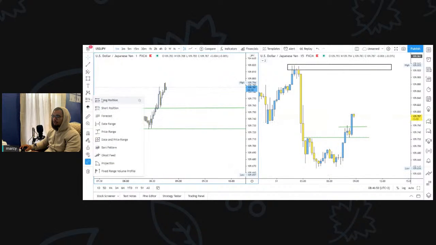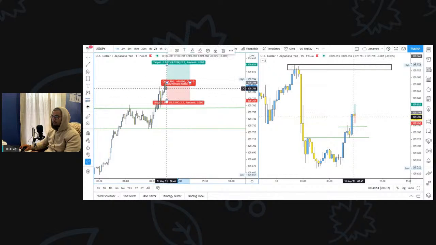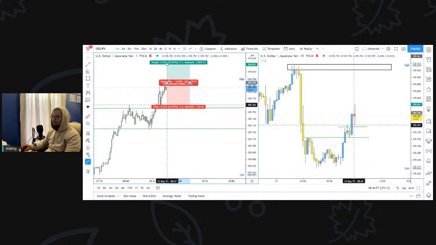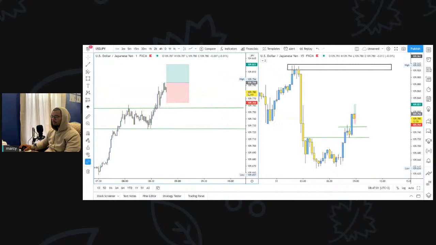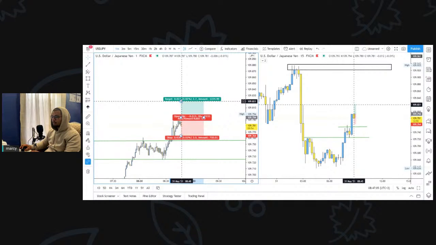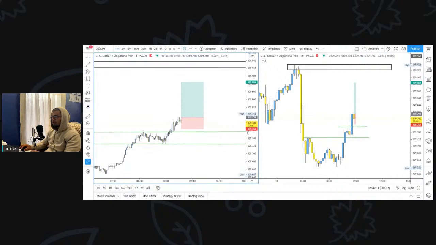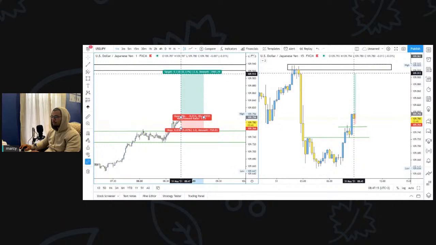So what you can do on USD JPY is do this, a 3 pip stop. We can go for 1 to 3 here. You can actually take it all the way up to this level.